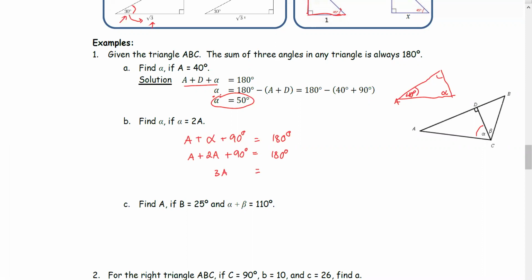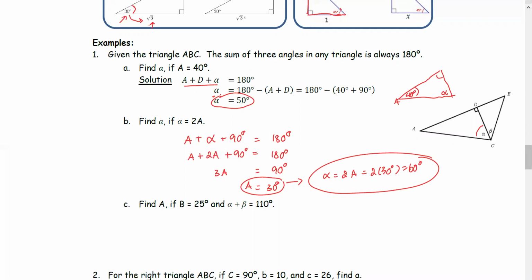Subtract 90 from both sides: 3A equals 90 degrees, or A equals 30 degrees. But the problem asks you to find alpha. Therefore, alpha equals double A, or 2 times 30 degrees, or 60 degrees as the answer.